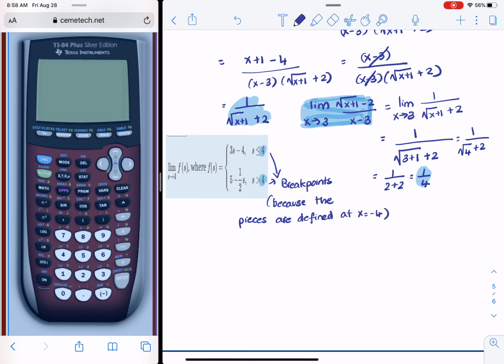So we divide the pieces at x equal to positive 4. So the breakpoint is at 4.